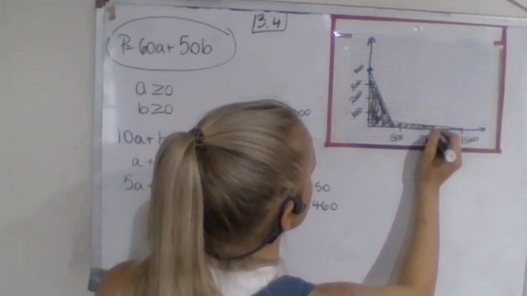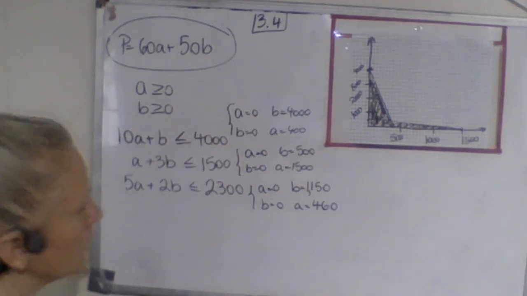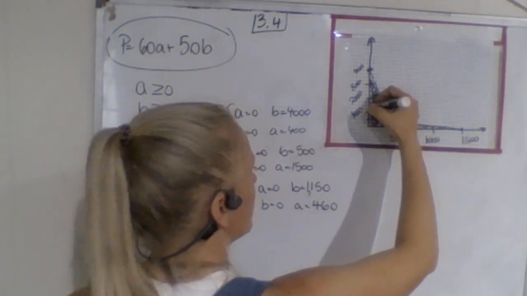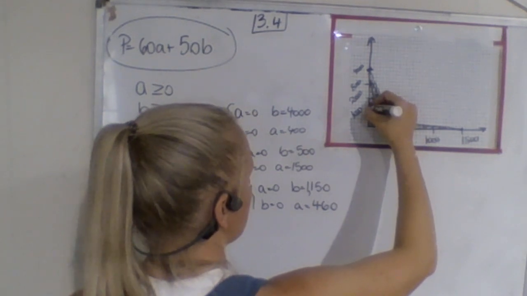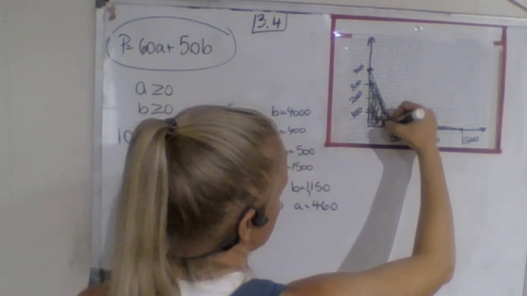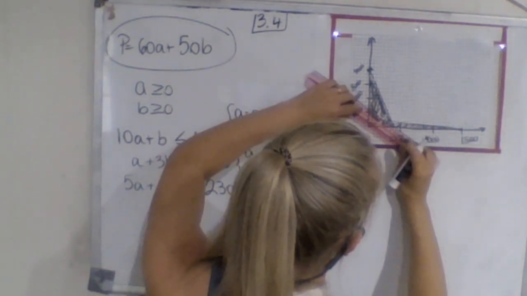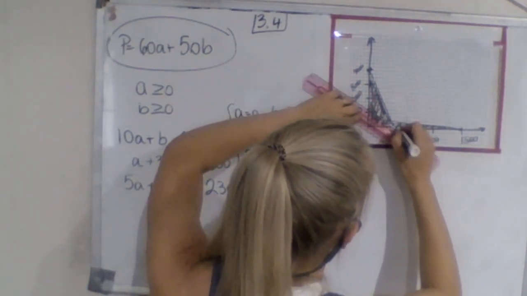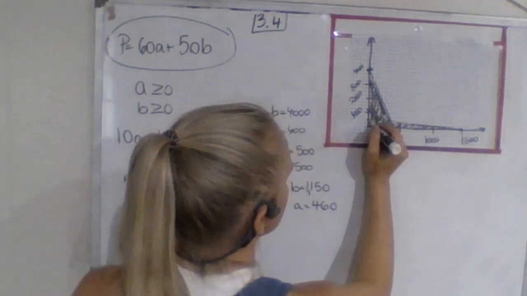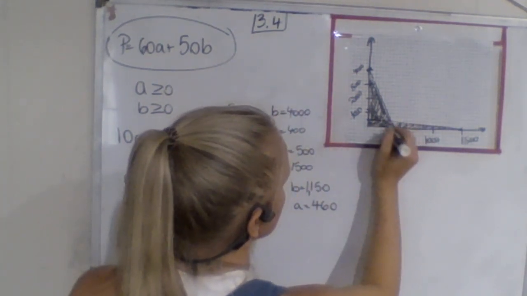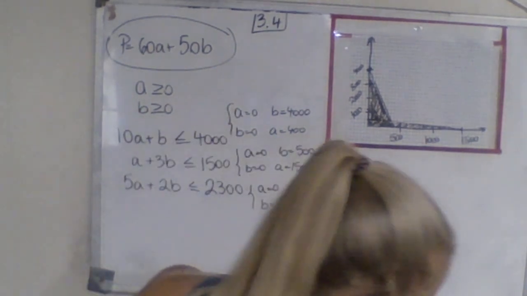This is shaded underneath it. And then for the last one, my B is 1,150, about right here, and when my A is 460, which would make it right about here. If you remember, when we graphed it, really what we ended up with was this little place right here, right?